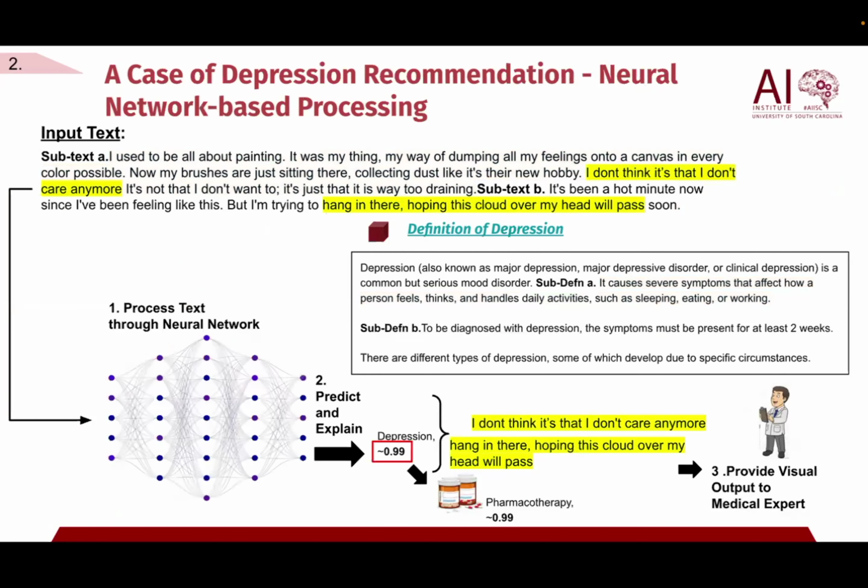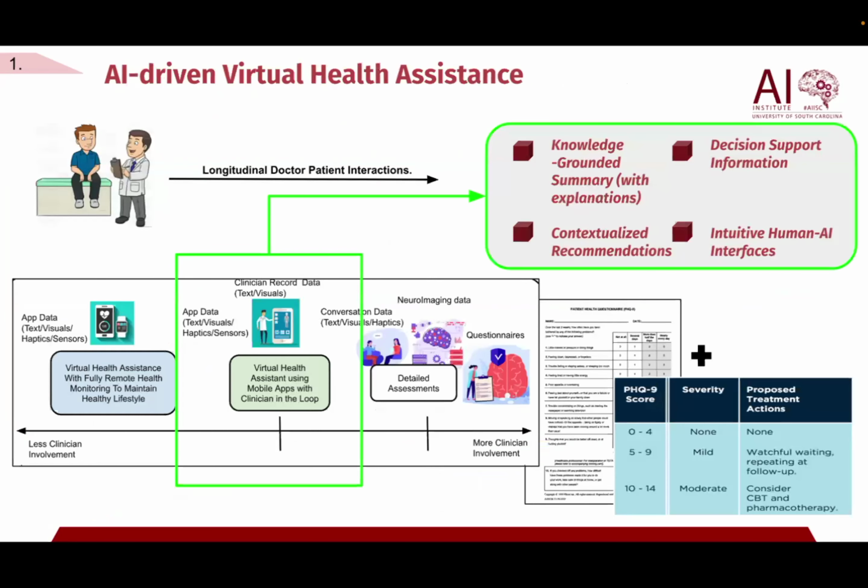So in recommendation, following from the previous slide, where the neural network-based processing was used, the recommendation outcomes can be one of the following shown in this bottom right table.